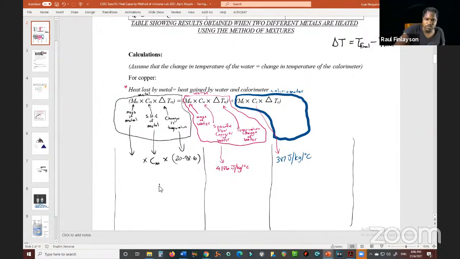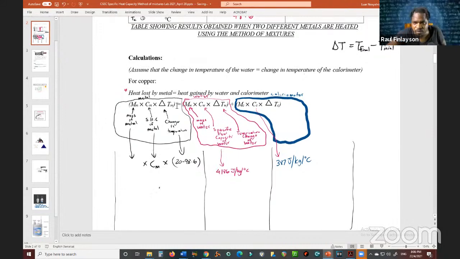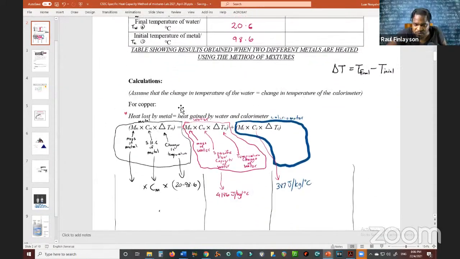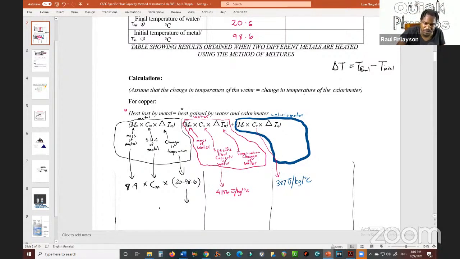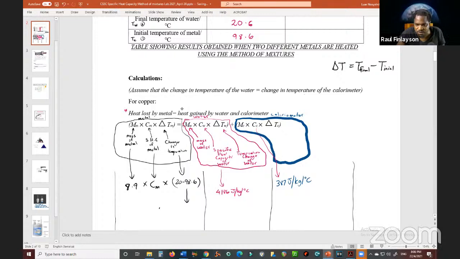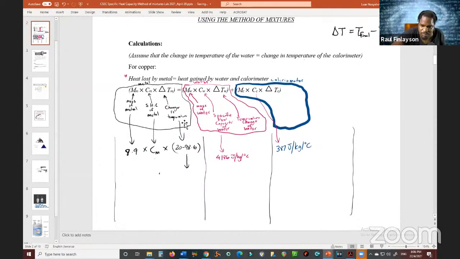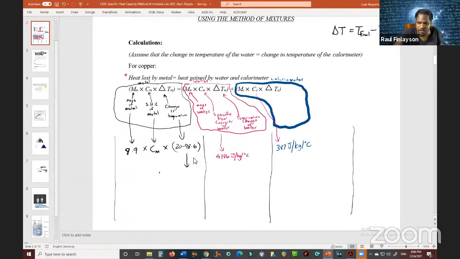And then the mass of the metal, going back to this, would be 8.9. So 8.9 will be there. If you use a calculator, you can get a half answer here, because we still don't know CM, which is what we're trying to find here. But when you take away 98.6 from 20, you're supposed to get a number. And that's the number we're interested in. Remember that all of that would be equal to what's happening over here.